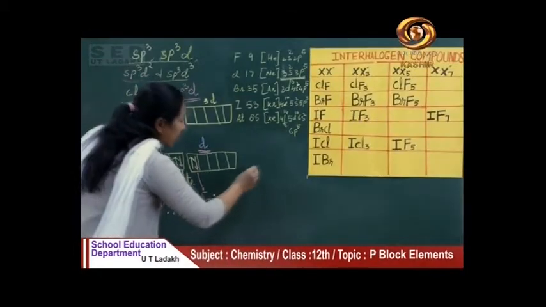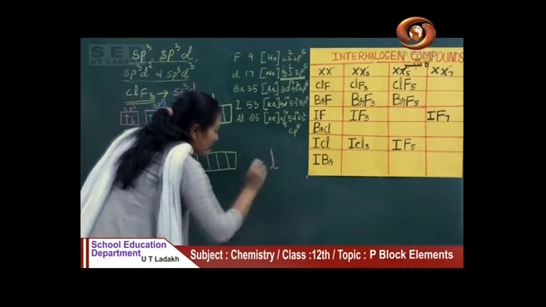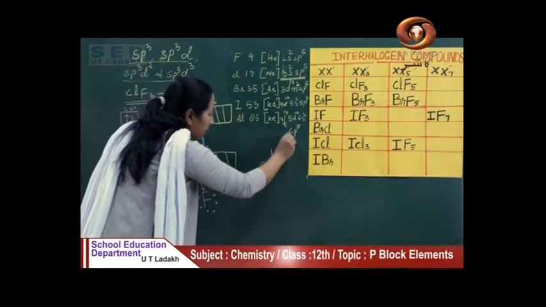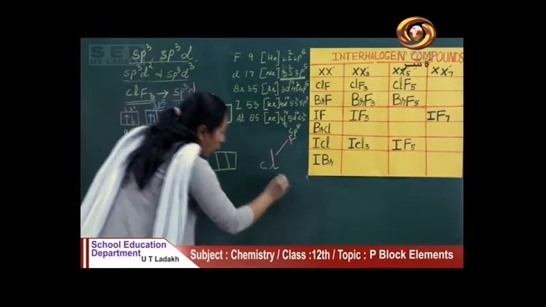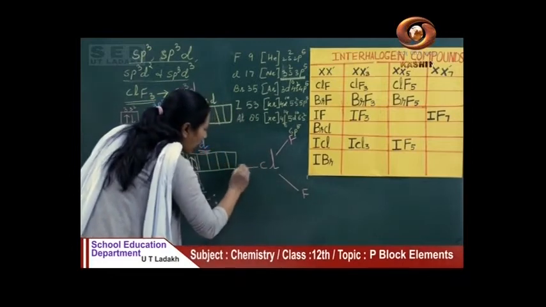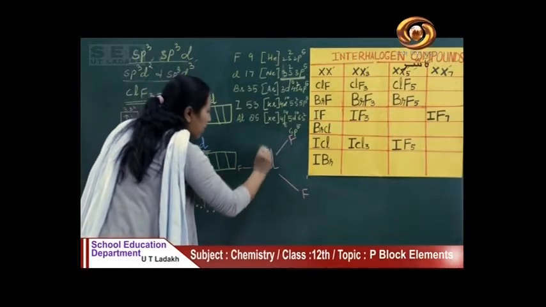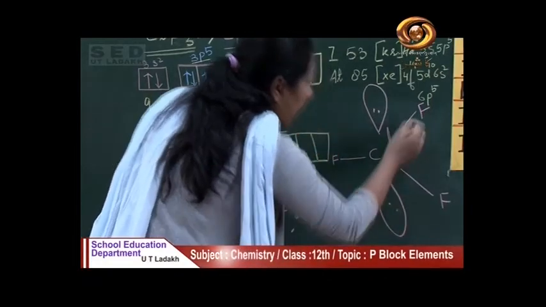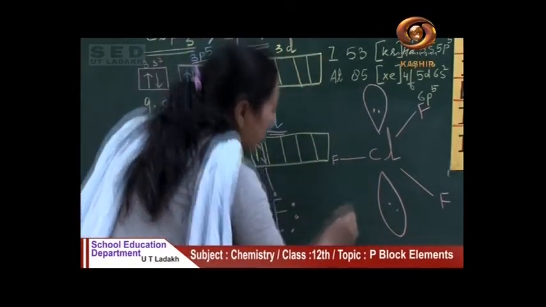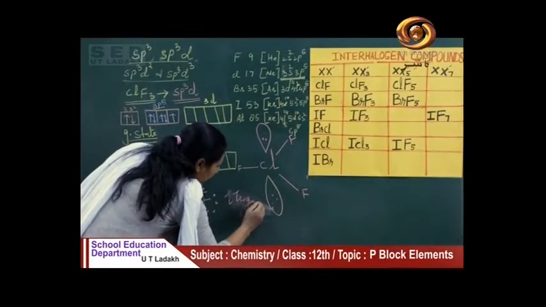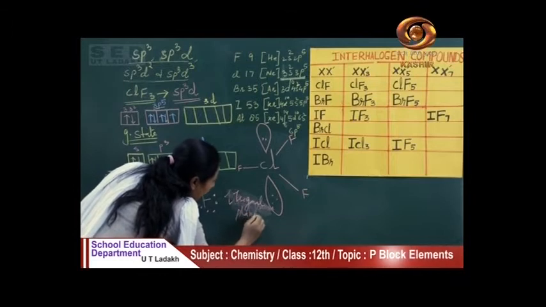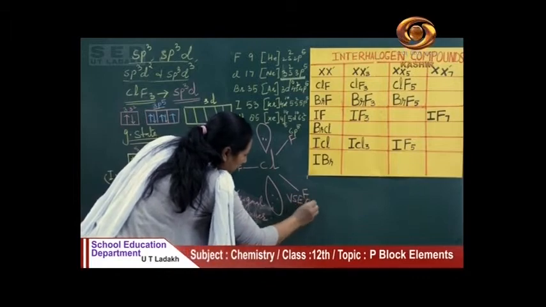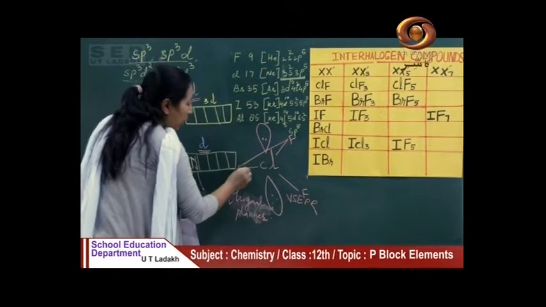Our center atom is Cl, and it has 3 bonded atoms with fluorine, and it has 2 lone pairs of electrons. The actual structure is T-shaped, and the VSEPR structure is trigonal bipyramidal.